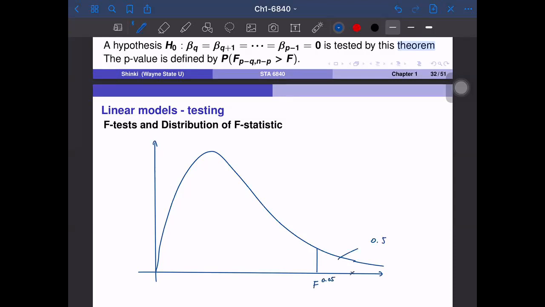If the F statistic falls in this range, we reject the null hypothesis. Otherwise, we don't reject the null hypothesis. So this is the structure of the F-test.